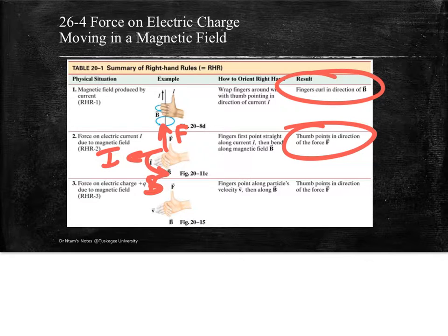And then right hand rule number 3, which is actually like right hand rule number 2b, for a charge that is moving in the magnetic field: you place your straight fingers in the direction of the motion of the charge, bend your fingers in the direction of the field, and then your thumb is in the direction of the force.